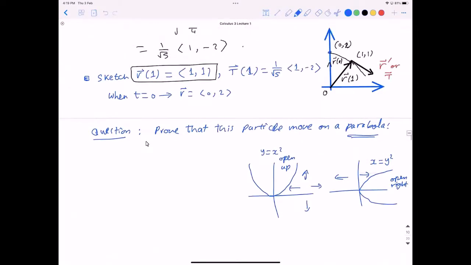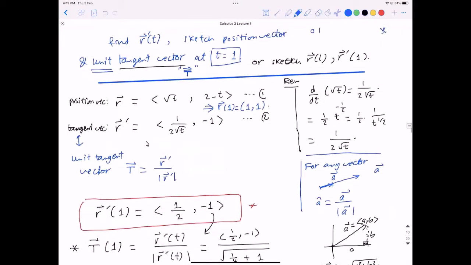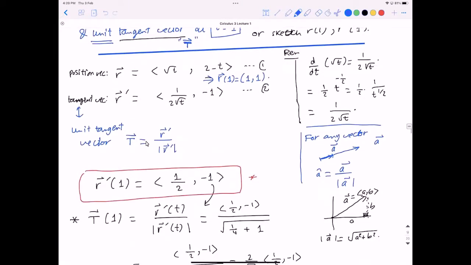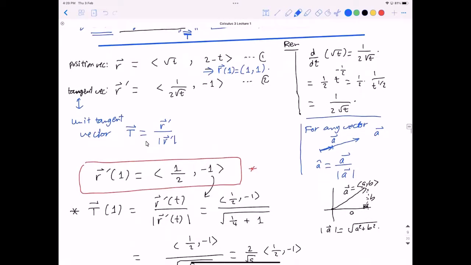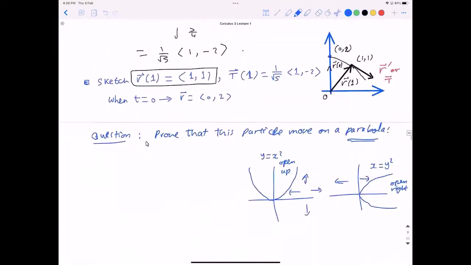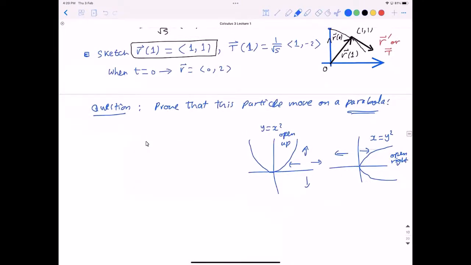So we need to prove that this vector function, this parametric representation, actually represents a parabola. How to prove that? So let's go from the beginning, write R as separate components. R equals root t, 2 minus t.